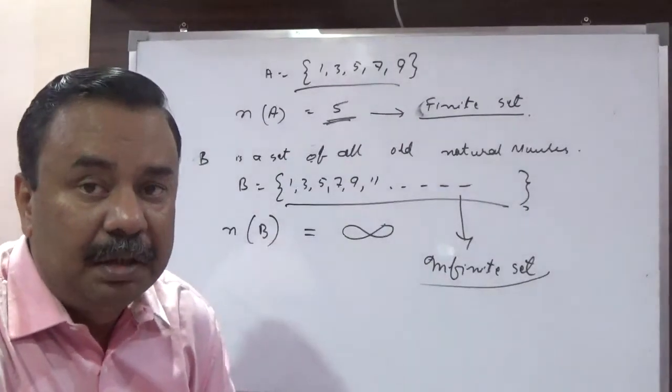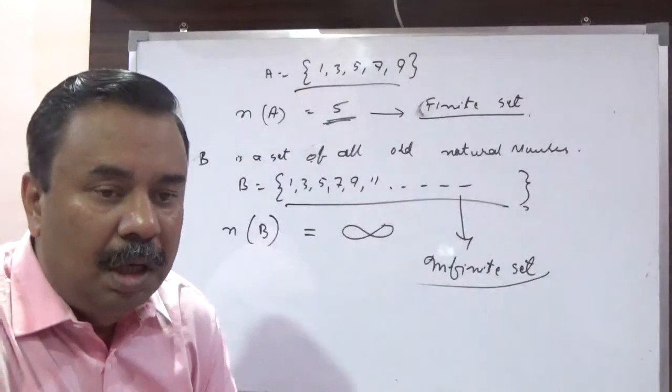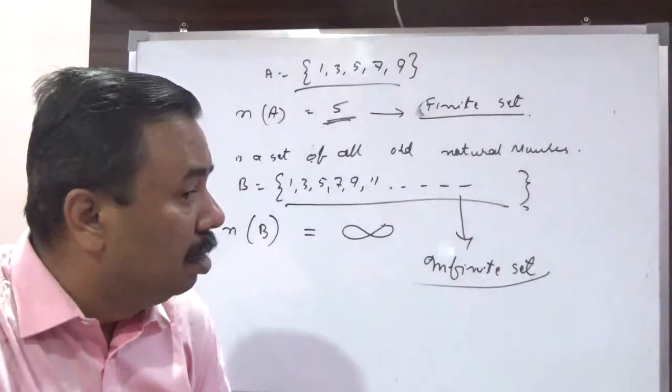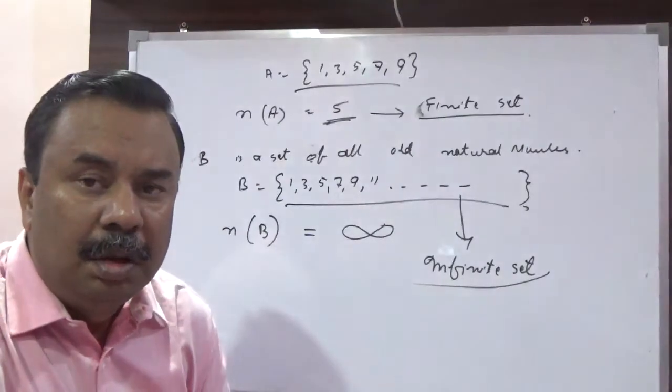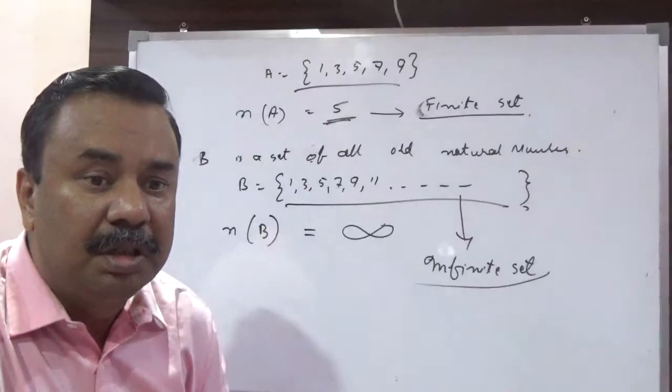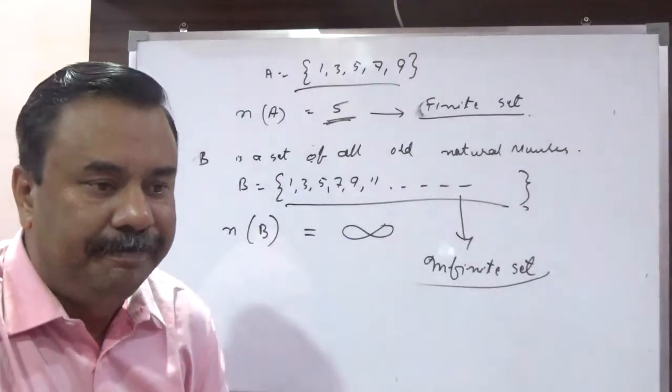But now there is another condition. If I say the set of all odd natural numbers divisible by 2, is there any?